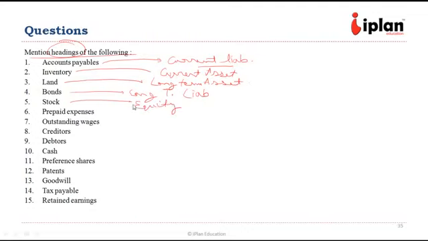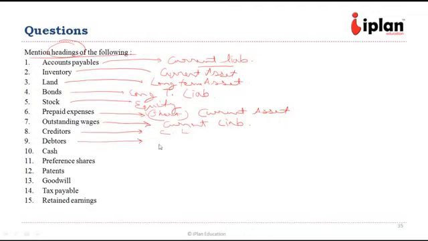Similarly, stocks will be part of long-term equity. Prepaid expenses are expenses for which we have already paid but have not consumed, so this is a short-term or current asset. The outstanding wages which are to be paid become a liability in the short term, so a current liability. Creditors who are to be paid in the short term are again a current liability.